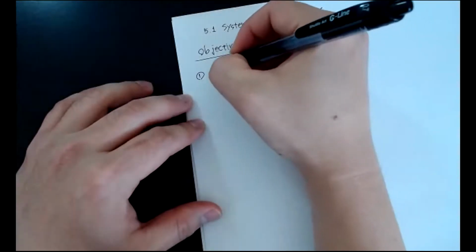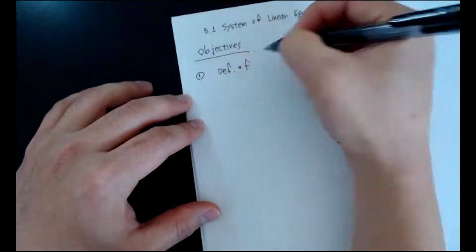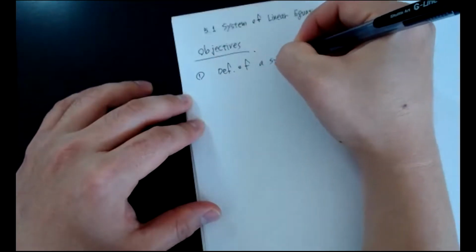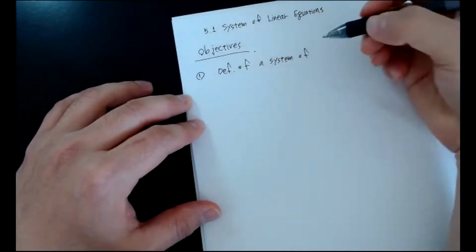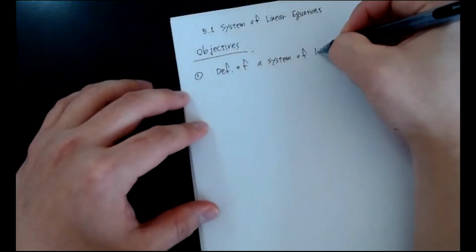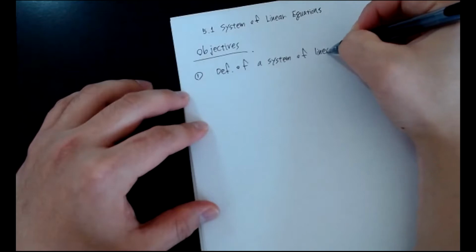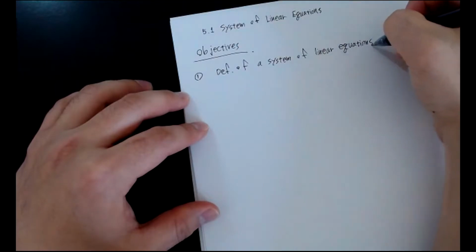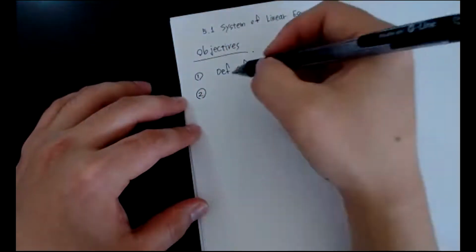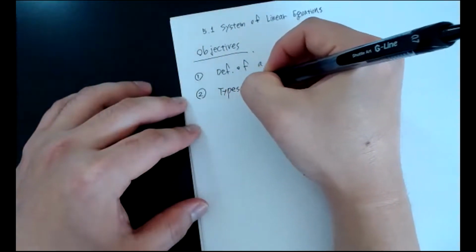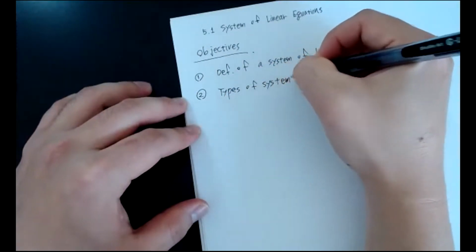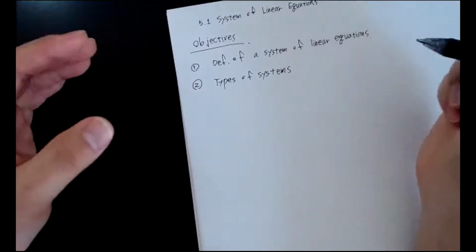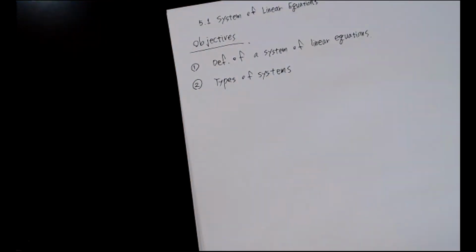The first item is supposed to be the definition of a system of linear equations, but we already studied that. Second, we see the types of systems. There are three types of systems, and we can classify the type of system by graphing.